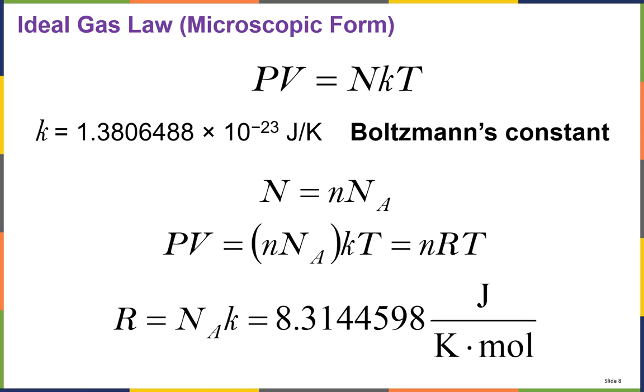We talk about moles. Moles are just how many multiples of 6.022 times 10 to the 23rd we have of molecules. And so the capital N is the number of molecules and lowercase n is the number of moles. And then N_A, Avogadro's number, that's 6.022 times 10 to the 23rd.